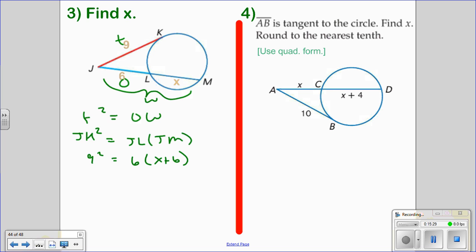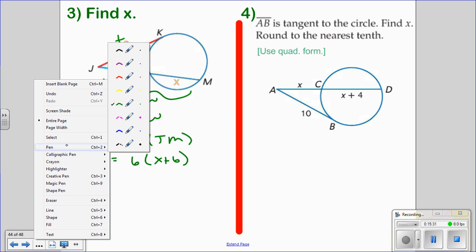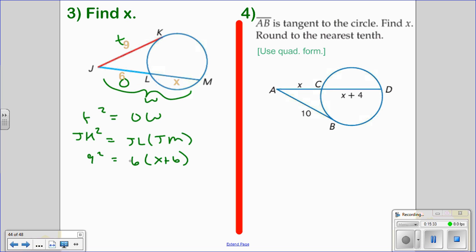So now I have to distribute the 6 into this set of parentheses, which would give me 81 is equal to 6x plus 36.